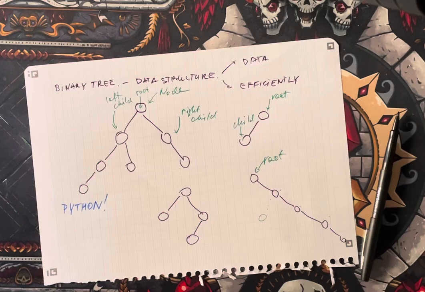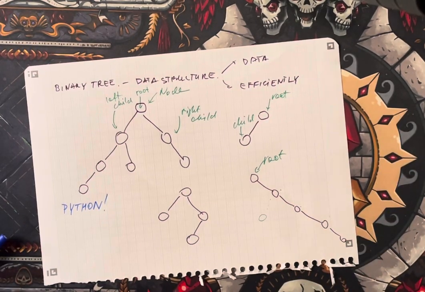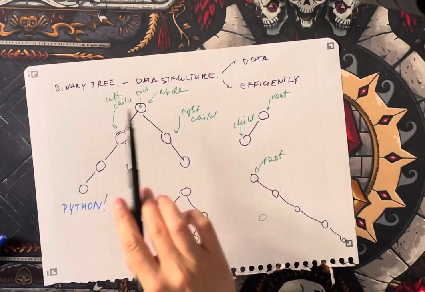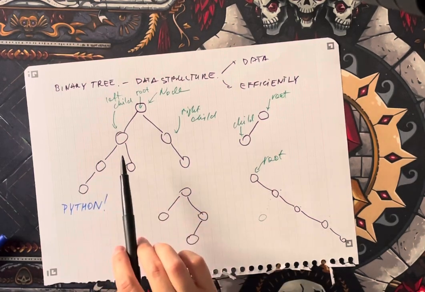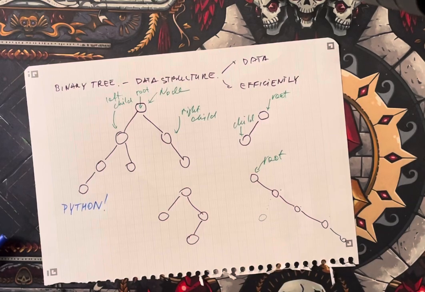But this is a base, right? We need to understand how to take this abstract concept that we just discussed, that there are nodes, nodes have children, there could be 0, 1, or 2 children, and how do we convert it into real code, right?